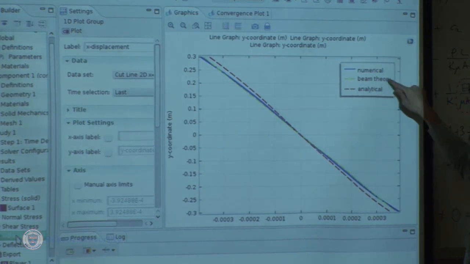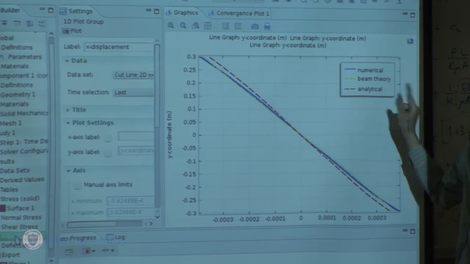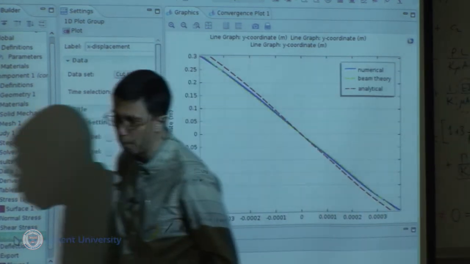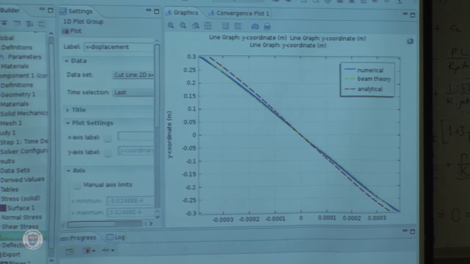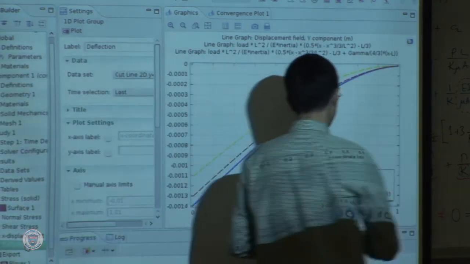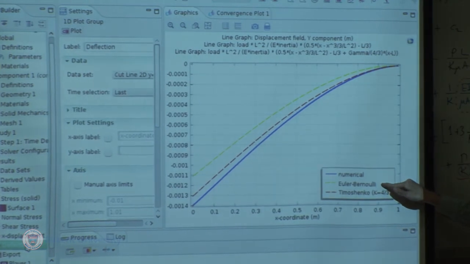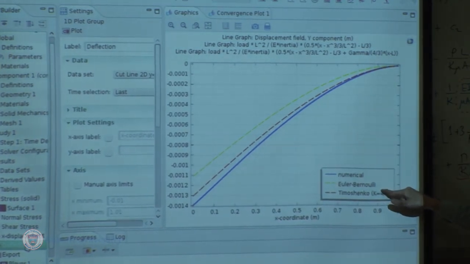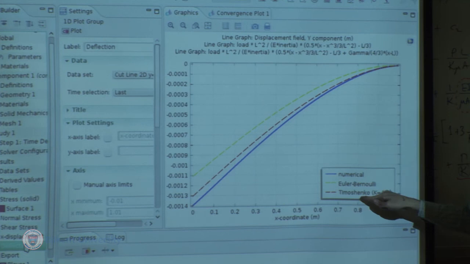So here, when I have drawn a line, I've only indicated beam theory because rotation is described in the same way for both theories. Now, when I look at deflection, however, there are two different theories. There is Euler-Bernoulli, which doesn't take into account the influence of shear stress, and there's Timoshenko.